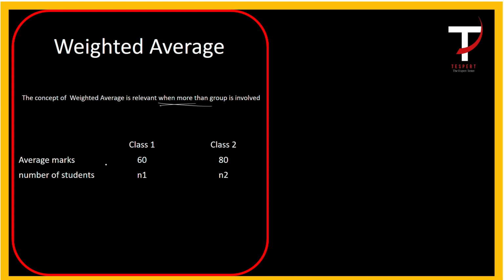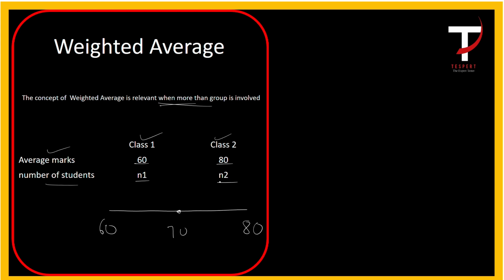Let's say the average marks scored by class 1 is 60 and class 2 is 80, and the number of candidates are n1 and n2. We do not know the exact number of candidates. Let's take here, this is 60 and this is 80, and this is the midpoint, right?